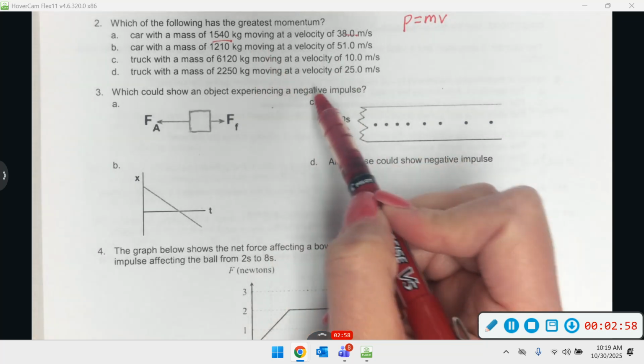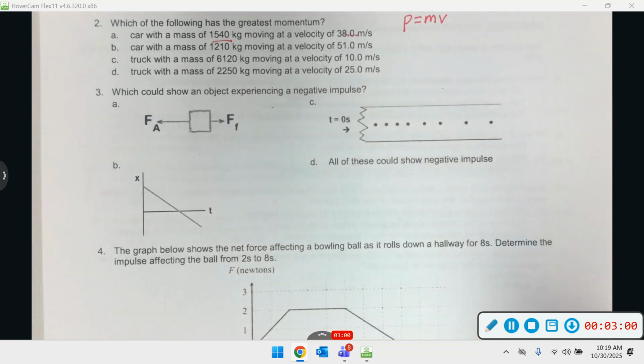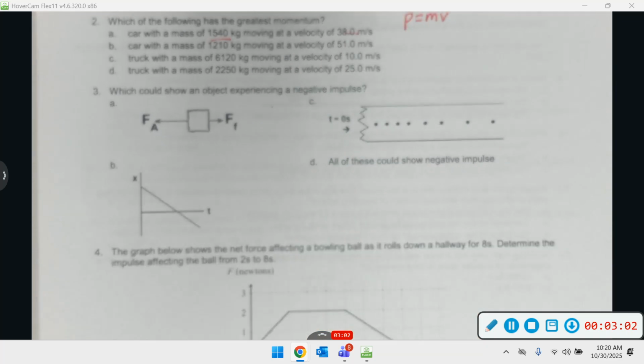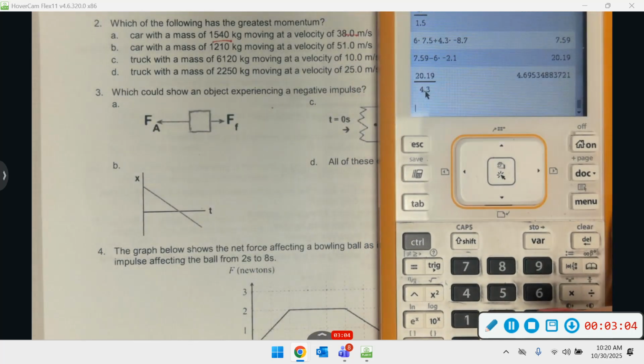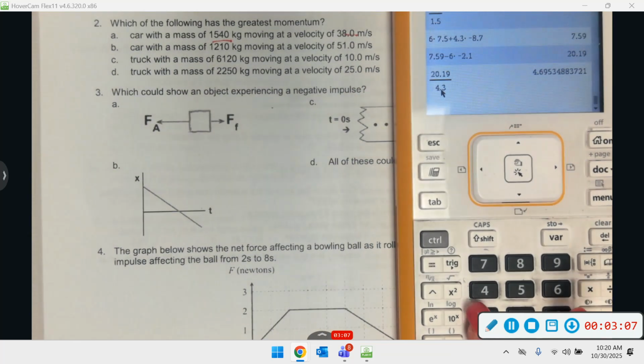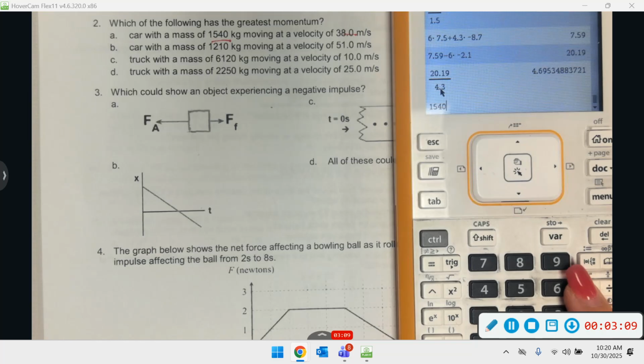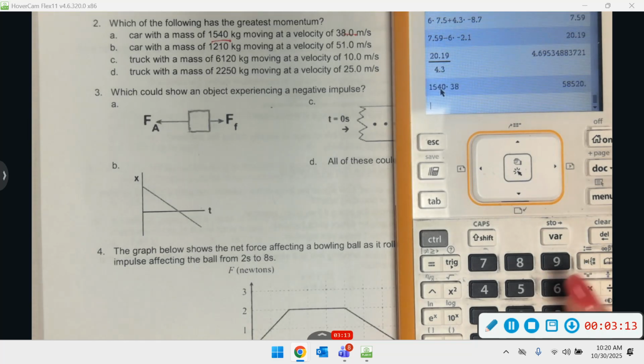If you look at these values, let's just go ahead and multiply each one out. I've got my calculator right here. So for A, that's going to be 1540 times 38. For B, it's going to be 1210 times 51.